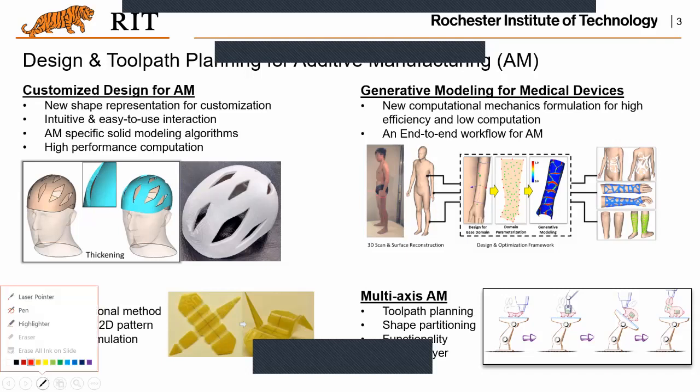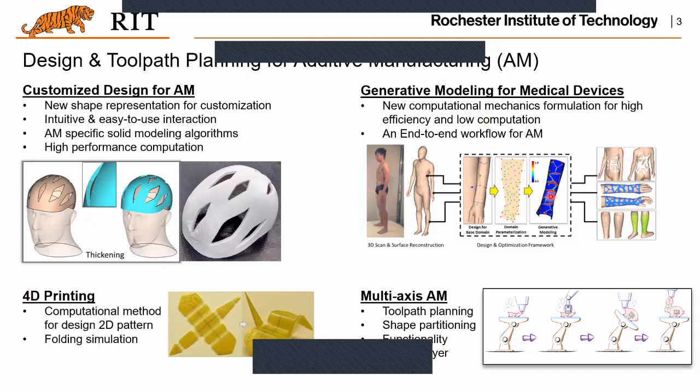Let me use a laser pointer. So if you look at this figure, that's a customized cast, right? So the traditional cast is a full cover of your arm. Instead of doing this, how about we have some hollowed patterns for those areas that do not need protection.